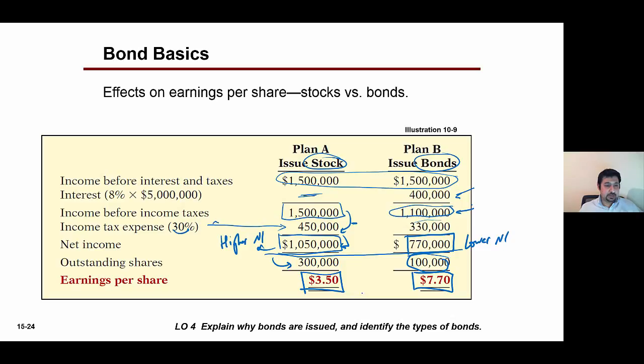In this specific example, issuing bonds would lead to a higher earnings per share than issuing stocks. Remember, when you issue stocks, you have more outstanding shares. In this example, the company has issued 200,000 shares to raise the same amount.